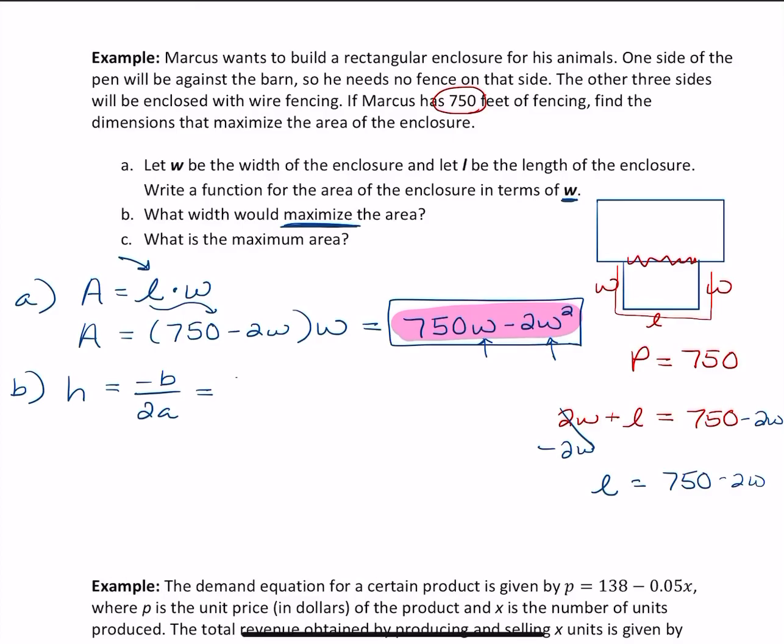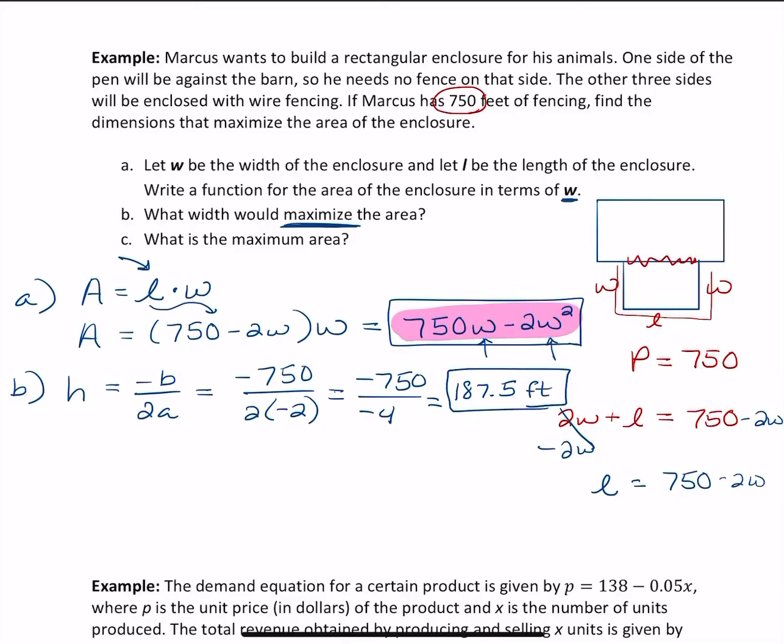So I'm going to have negative 750 over 2 times negative 2, which would be negative 750 over negative 4. And then if you put that in the calculator, you get 187.5. So my maximum width would be 187.5 feet.